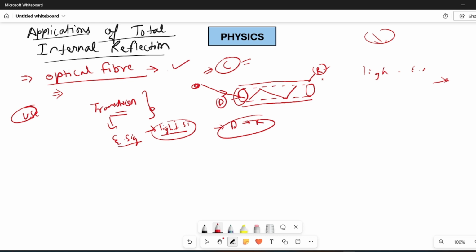So in telecommunications, if you are transmitting audio or video signals, these are going to be transmitted at the speed of light. Basically a single fiber has much more capacity than electric wires. Electric wires have a very low capacity of sending signals. In an optical wire, you can send signals in multiple folds.